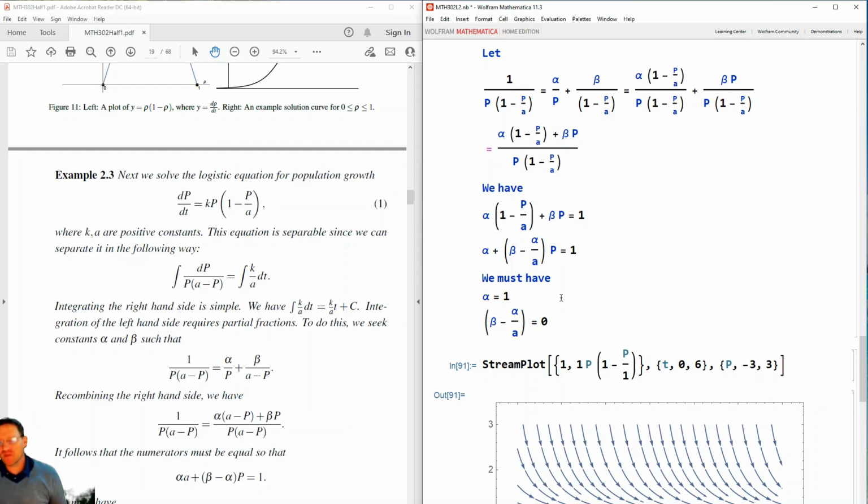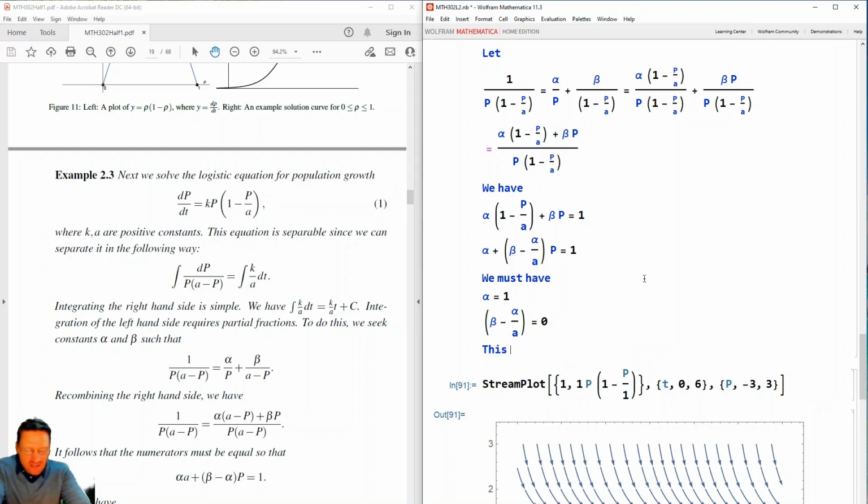Remember p is a variable, and here presumably alpha, beta, and a are just constants. So this gives us an easy way to solve for both alpha and beta. Alpha is clearly equal to 1. But beta has to be equal to alpha over a, or 1 over a.